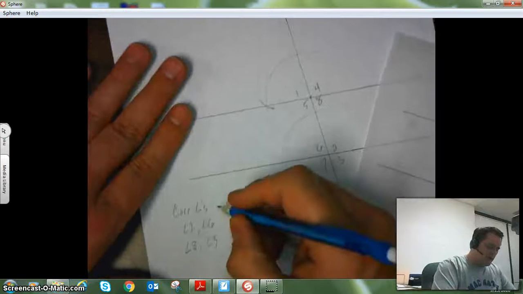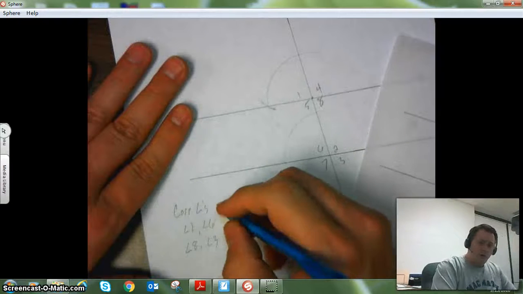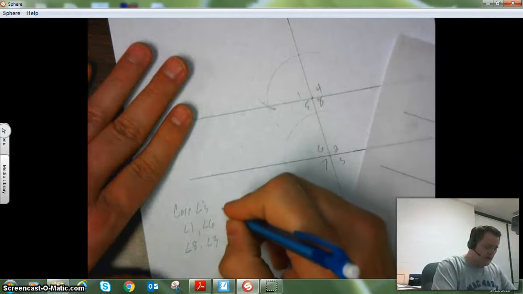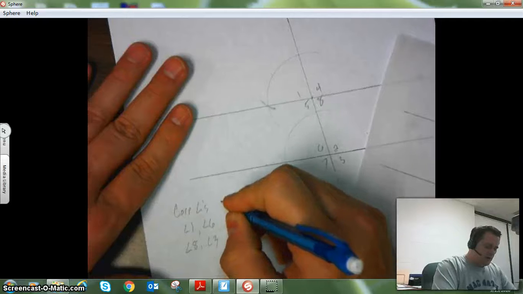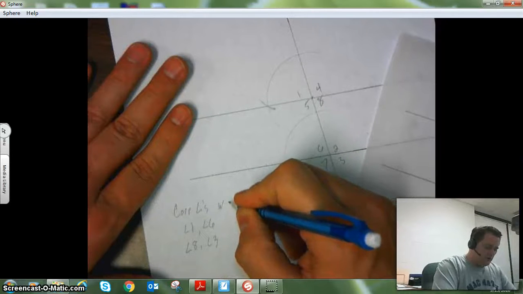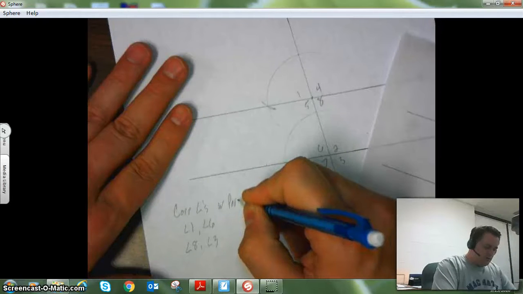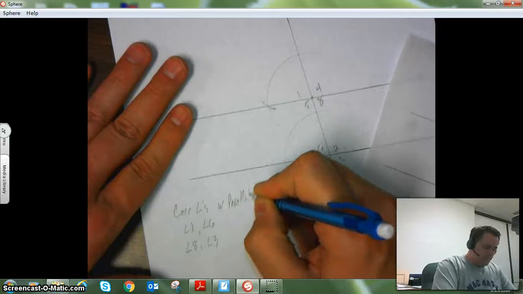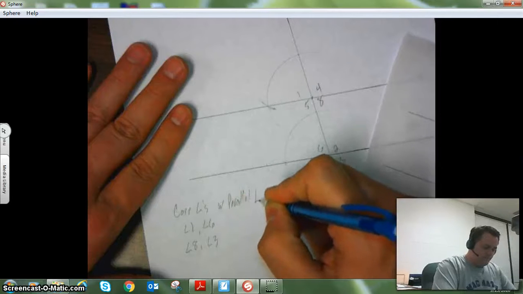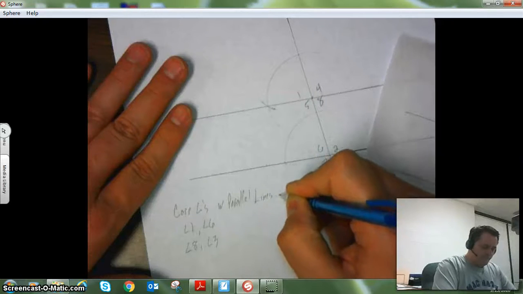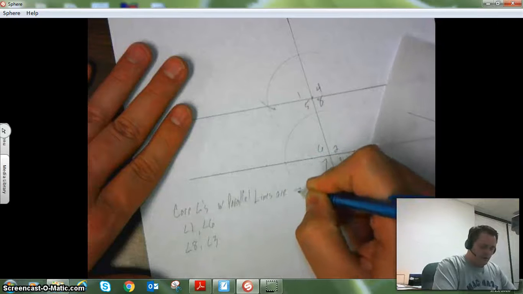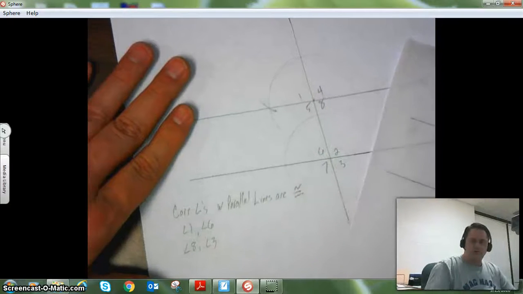So the corresponding angles, what we notice when we do this kind of activity, is that corresponding angles with parallel lines are congruent to each other.